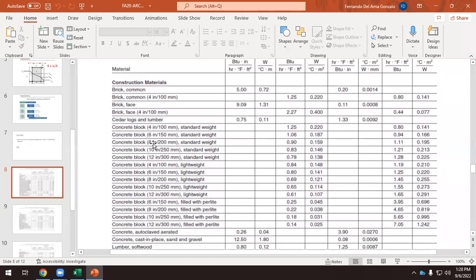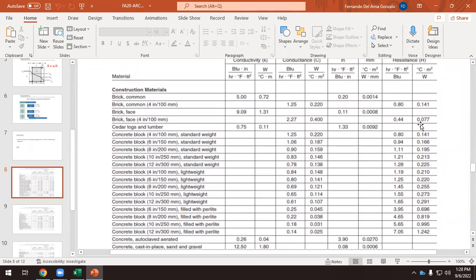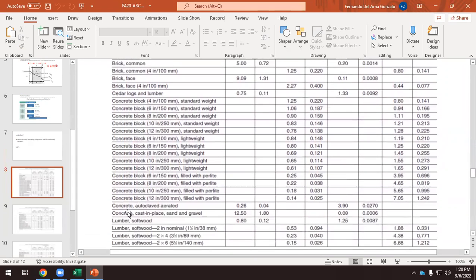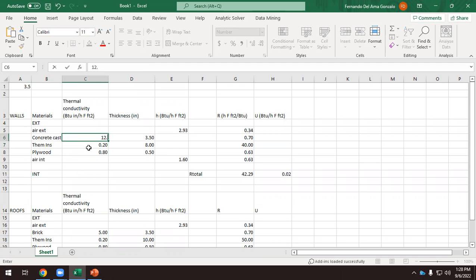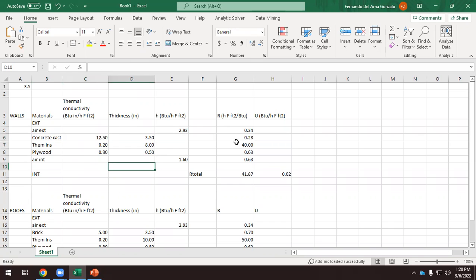I have the thickness and the thermal resistance. So I should do the same. I'm going to use concrete cast in place. So the concrete has a 12.5. This is not a concrete block, it's just concrete cast in place. This is 12.5. And then everything changes here.